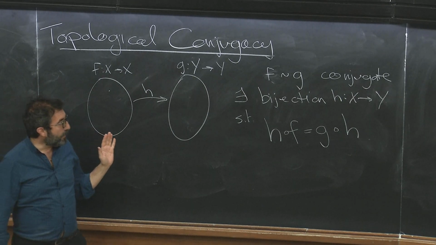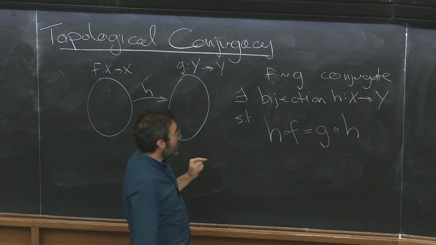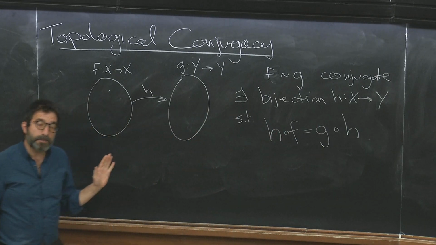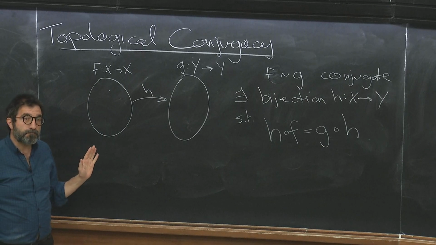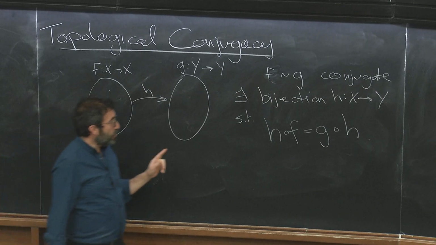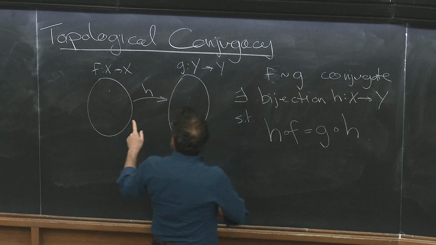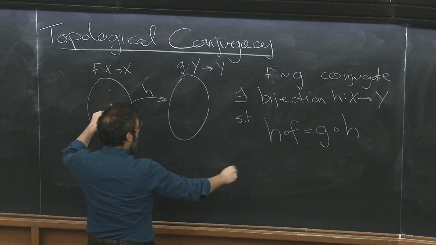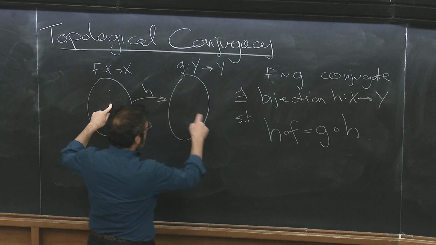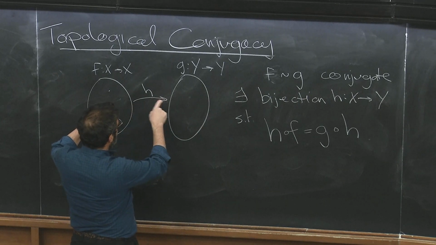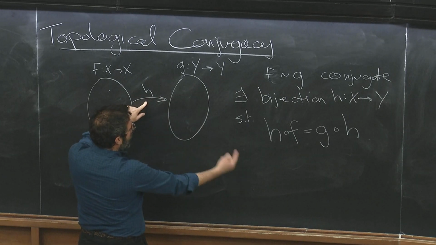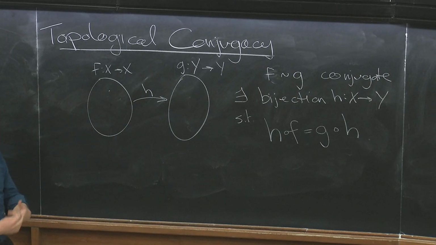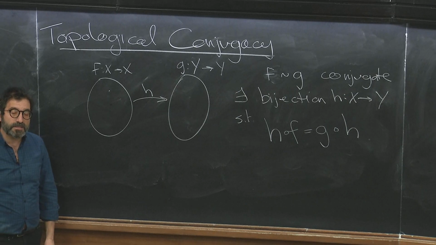And depending on the regularity of H, you preserve various properties of the dynamics. Each of these conjugacies is an equivalence relation on the space of dynamical systems, because you can compose. If F is conjugate to G, and G is conjugate to a third system, then you can take the composition of H1 and H2 and create a conjugacy between these two. So it's quite easy to see that this is an equivalence relation.